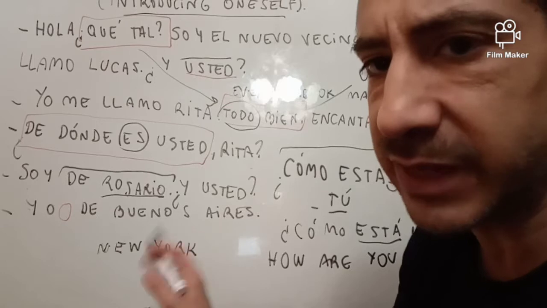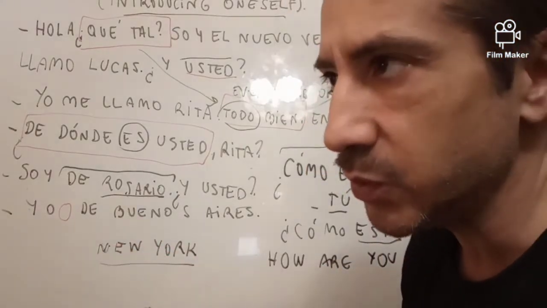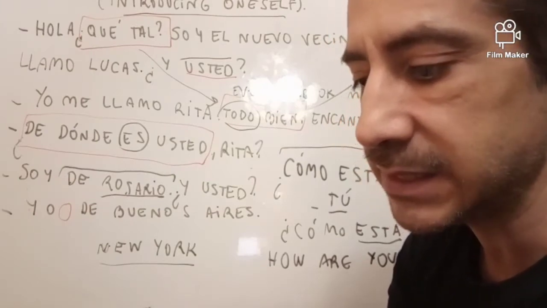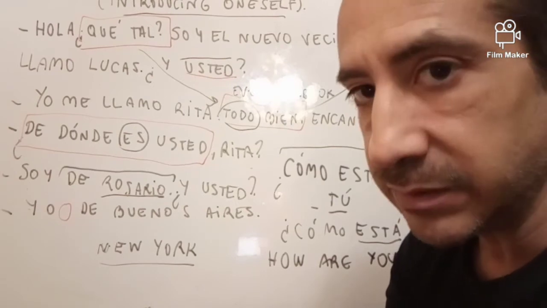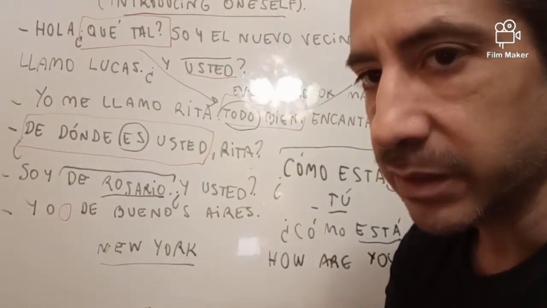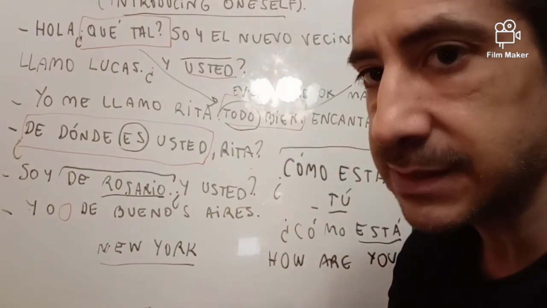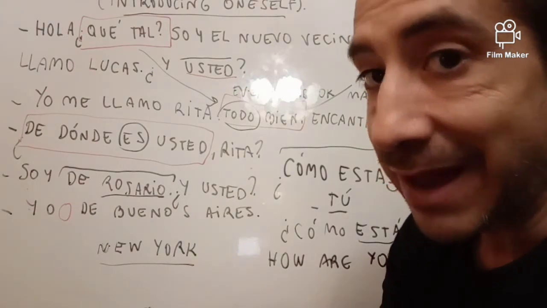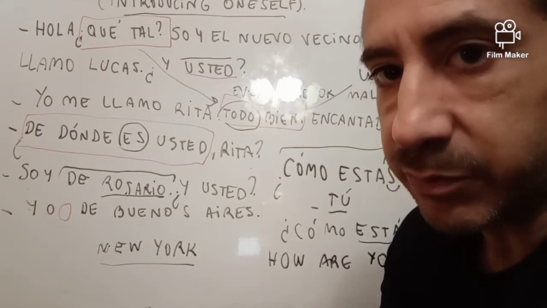I have never been to New York, but I've been to four main cities or capital cities in Europe: Berlin, Brussels, Paris, and Madrid. And Paris for me was special. I fell in love with Paris.